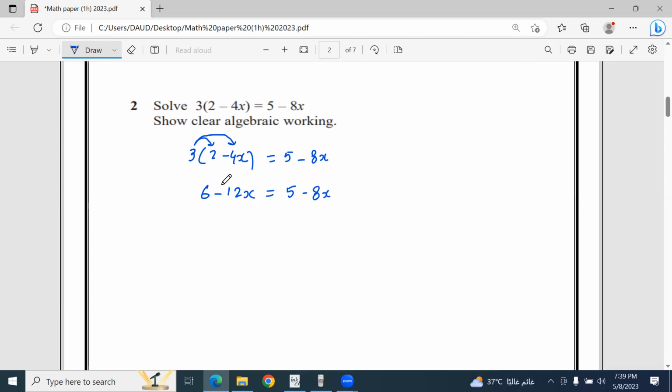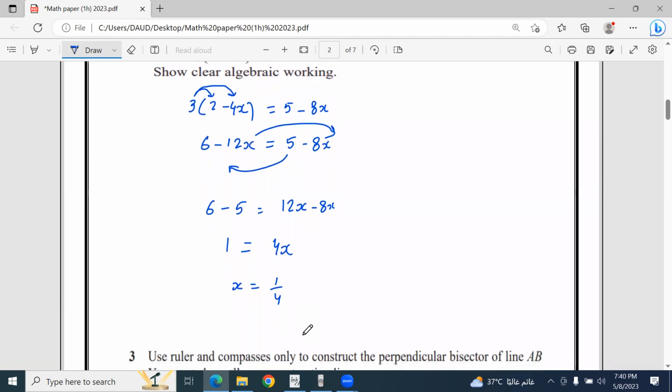We can take 12x from left to right and 5 from right to left. So it would be 6 minus 5 is equal to 12x minus 8x. And it gives us 1 equals 4x, and we are looking for the value of x, so x is equal to 1 divided by 4. So this is the final answer for x.